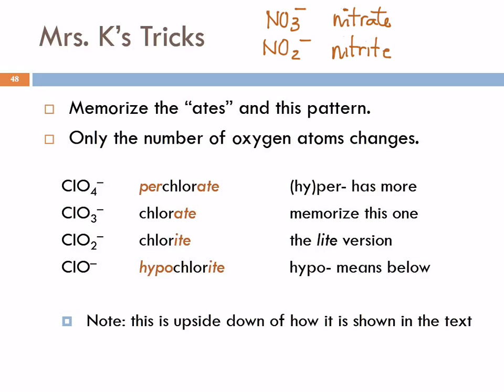But if there was, we could write the formula for it. I don't expect you to know which of these exist. You just need to know how to name them. If there was hyponitrite, what would the formula be? NO negative. So hypo means below, per means above. So that doesn't actually exist, but it's okay.